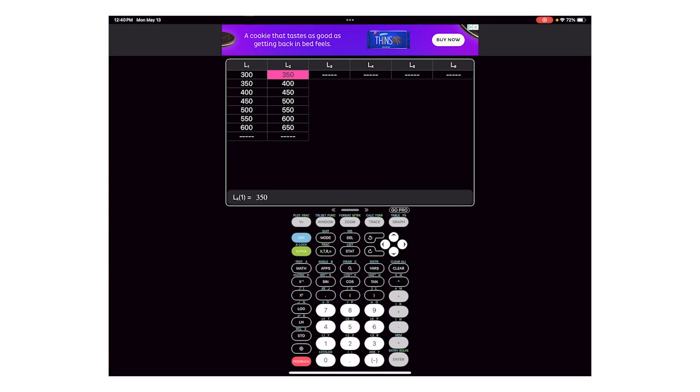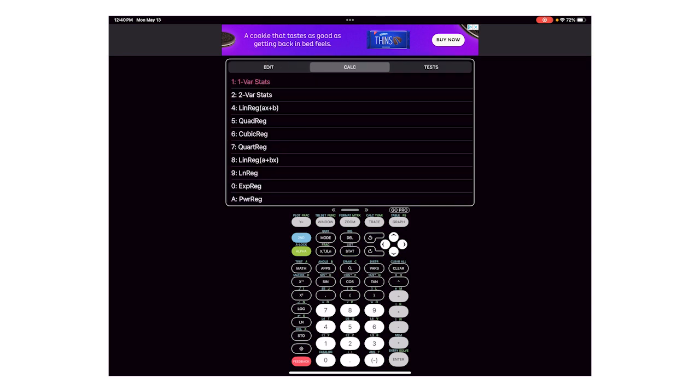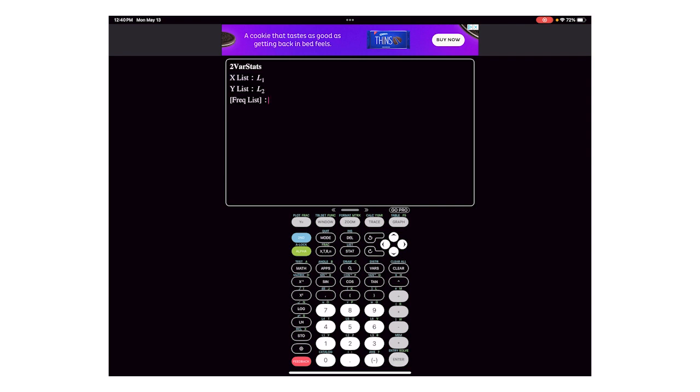And what we want to do is pay attention to what happened to the average for that. So to find the summary statistics, remember you go to stat, and then we're going to go to calc. And this time we have two variables we're going to look at. So we're going to hit number 2, okay, because we have 2 columns there, and I want to find the summary statistics for both. So here we go.